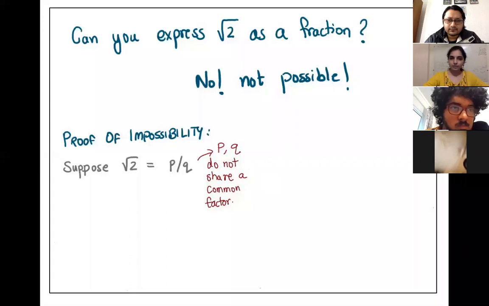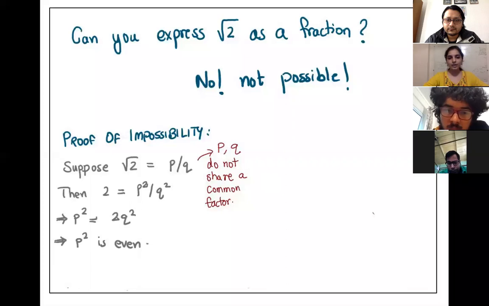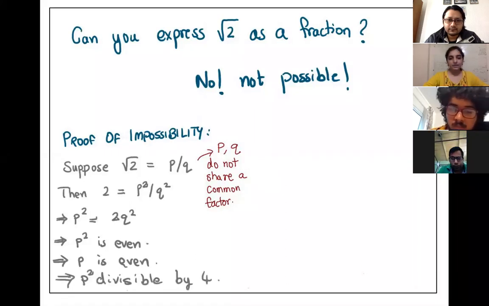So suppose square root 2 was a fraction of two integers, then we can write it as p by q, where they don't share any common divisors, common factors. You square both the sides, and you will see that p square is 2q square, which means p square is even, which then means p is even. But that means p square is divisible by 4.